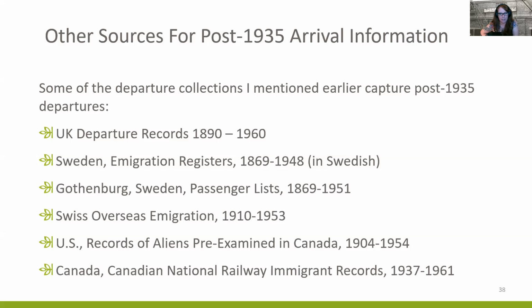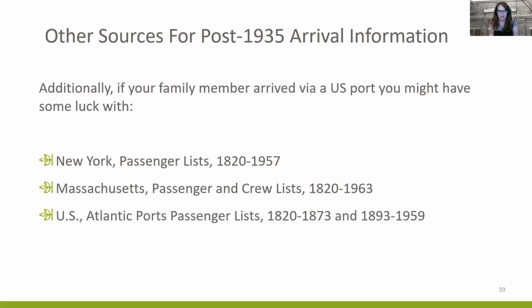I'll take a peek in here, because if they arrived in 36 or 37 or 38, they're not going to show in the Canadian arrival records, and then you have to submit an ATIP request to the government to get those documents. So it just tells me that I'm not going to find anything online for these folks, and I tell people how to request from the government in that situation.